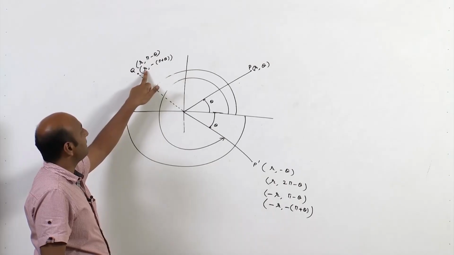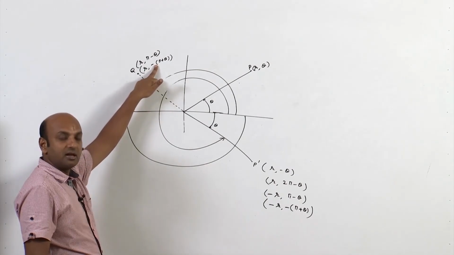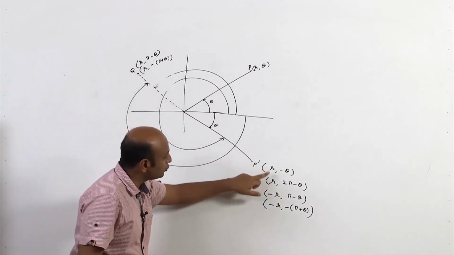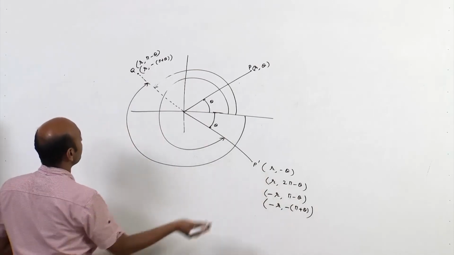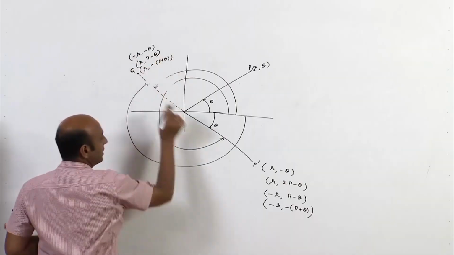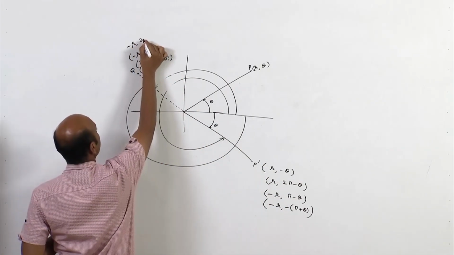Similarly, here if you change r by r or theta by minus pi minus theta and there is no change in the equation, that means symmetrical about y axis. And the representation of these 2 points over here is minus r comma minus theta. The representation of this point over here will be minus r comma 2 pi minus theta.